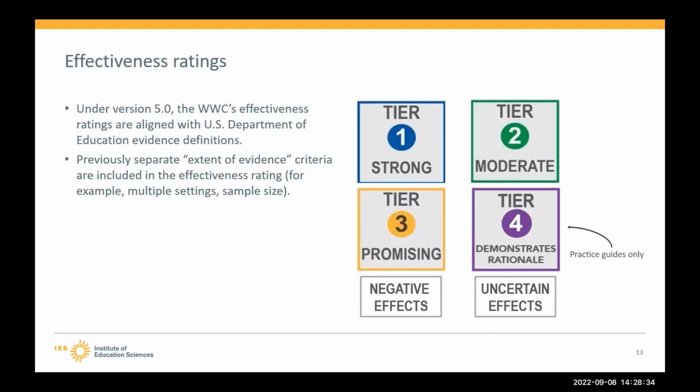So in this regard, whereas the WWC used to have separate criteria related to the extent of evidence, like the multiple settings and the minimum sample size criteria, these considerations have been consolidated into a single effectiveness rating that is aligned with the department's evidence tiers.